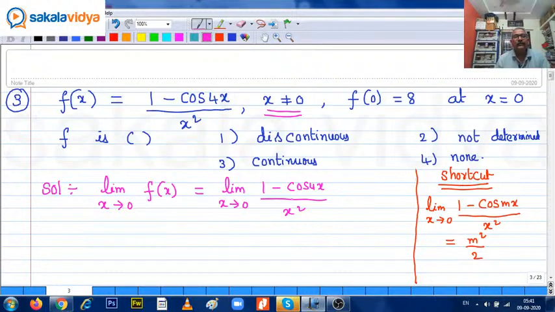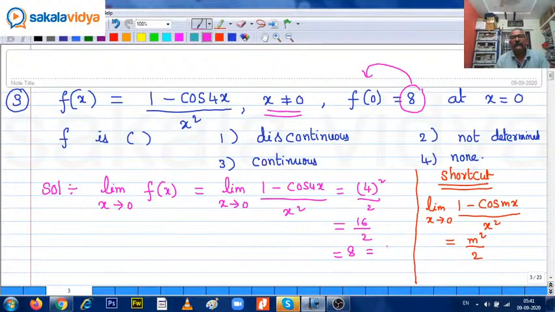This is equal to, here m means 4, 4 square upon 2. That is 16 upon 2, which is 8. See, what is 8? 8 is f(0).